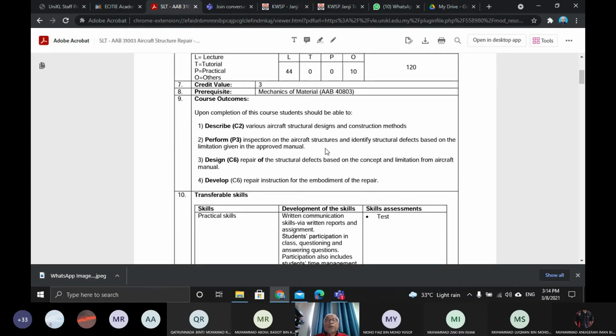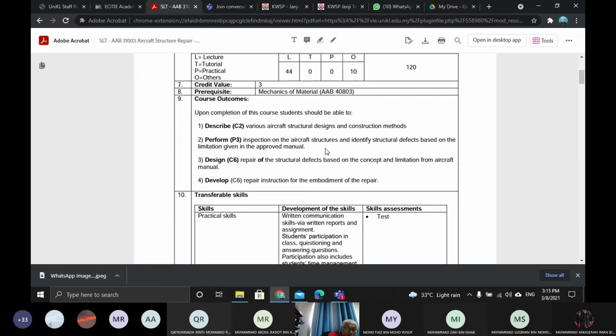Number 2, perform inspection of aircraft structure and identify structure defect based on the limitation given in the approved manual. We do not have this practically, because the work they perform, you have to perform visually.